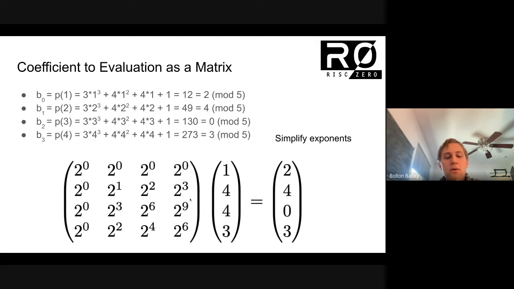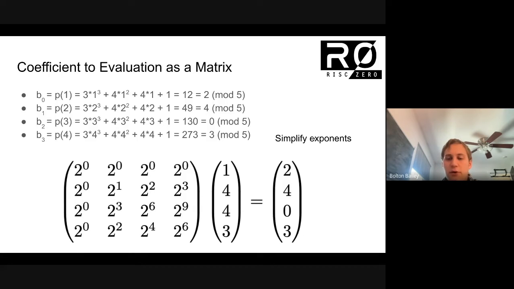Now, we notice that the exponents here are very close to being a multiplication table. And I think we noticed this in the talk 2 weeks ago as well. If only it were the case that these two rows were switched around, then it would be a perfect multiplication table.